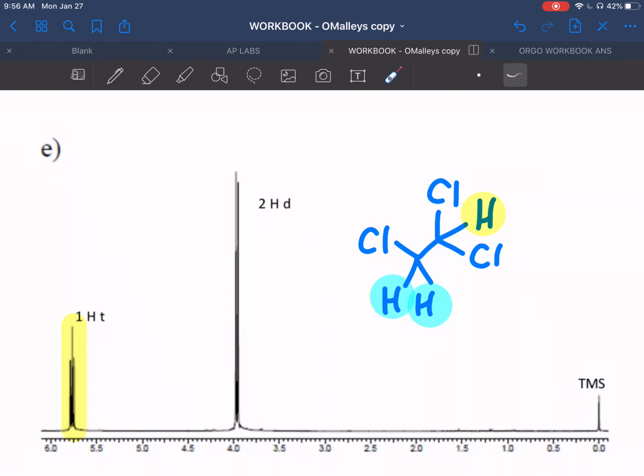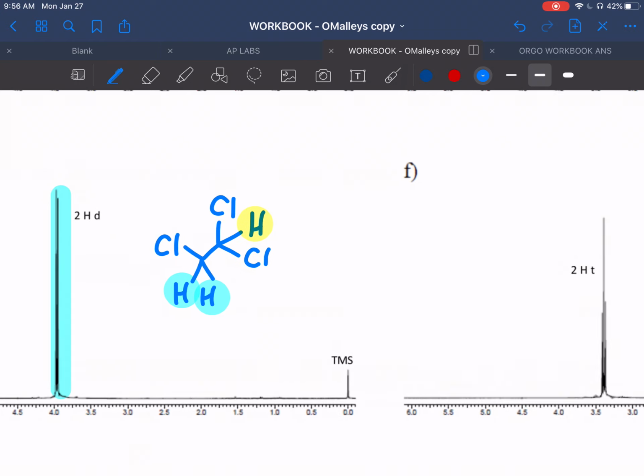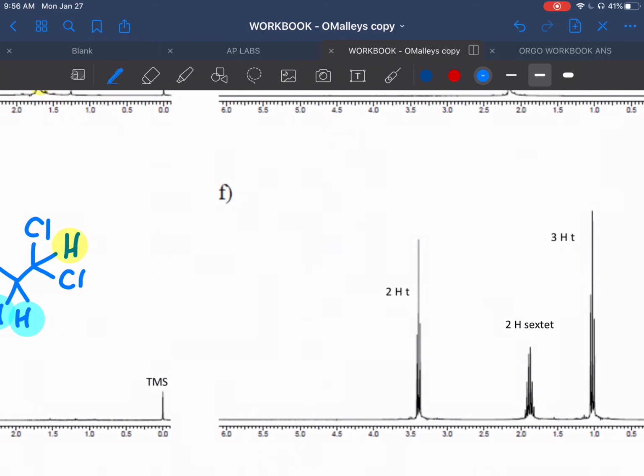And likewise, these two neighboring hydrogens integrate for 2. They're next to 1 halogen of chlorine, so up in the 4s roughly, and they're split by this 1 into a doublet. So then we get our 2-hydrogen doublet for that. That must mean that the last one is 1-bromopropane.